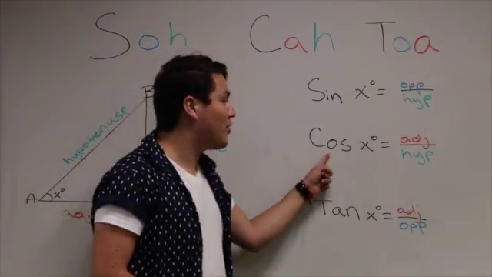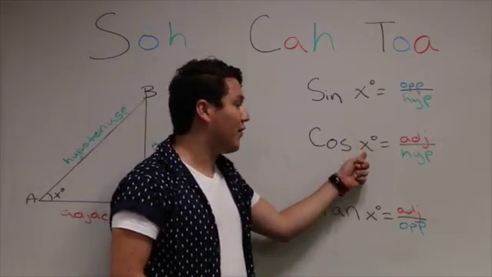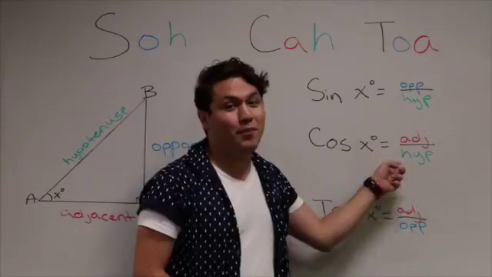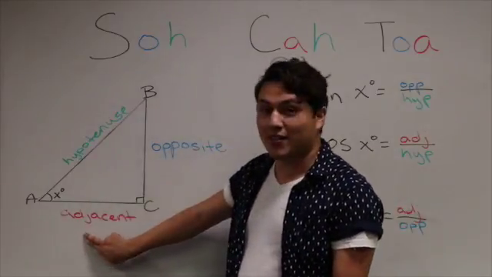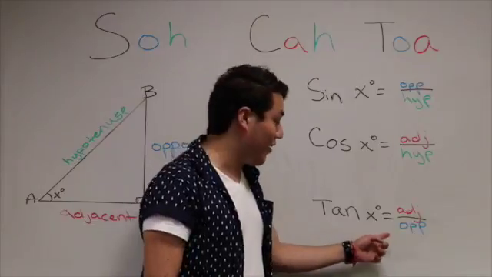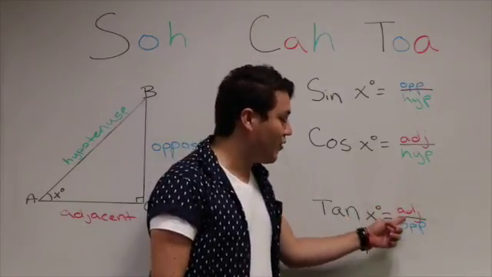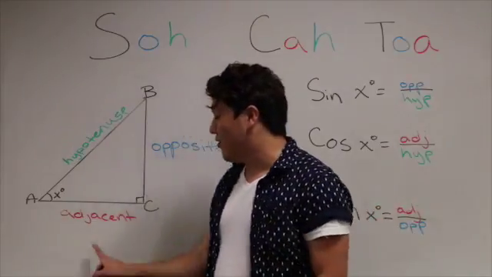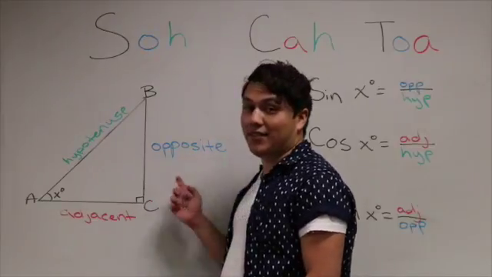We will use cosine of the angle given, which is adjacent over hypotenuse. And we will use tangent of the angle given, which is adjacent over opposite.